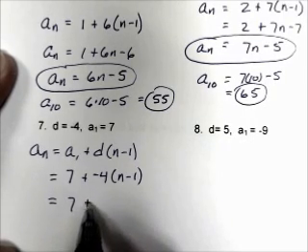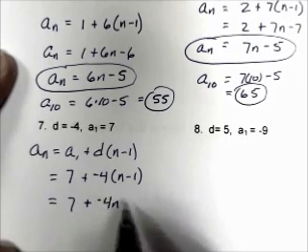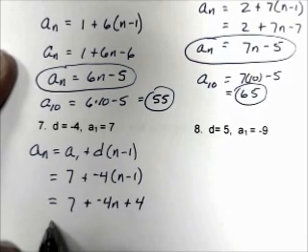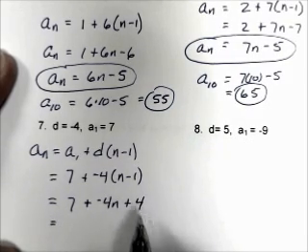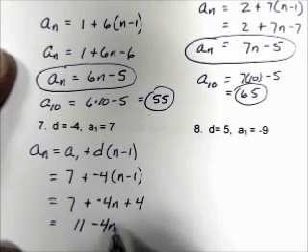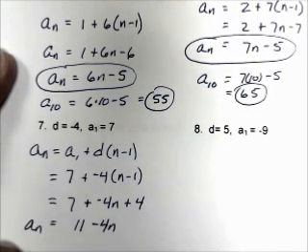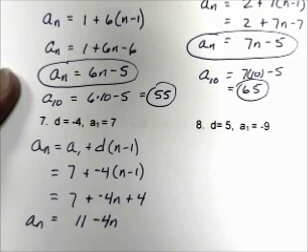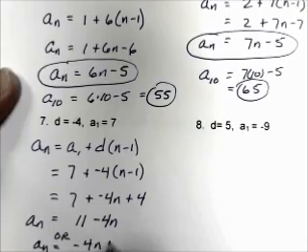Distribute the negative 4. That's negative 4n plus 4. 7 plus 4 is 11, so we can write this as 11 minus 4n, or it can be written as negative 4n plus 11. Both are acceptable.